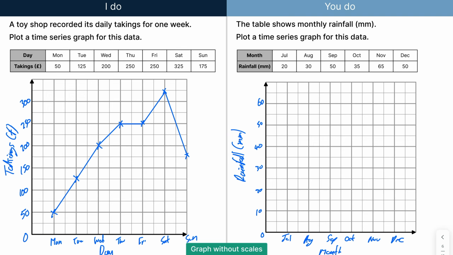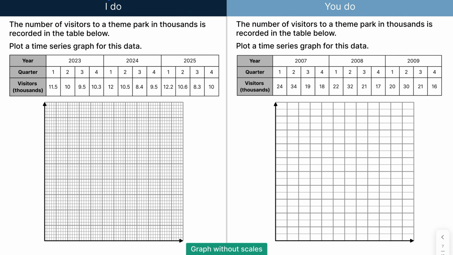So in July it is 20, August is 30, September is 50, October is 35, November is 65, December is 50. So if I connect all of that together, that's that.